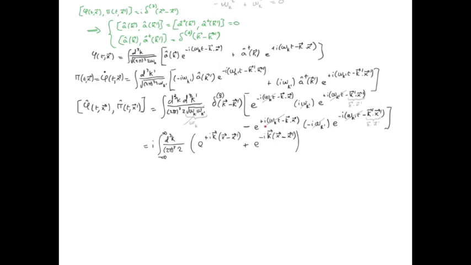So this is just a cosine function, and because the integral runs from minus infinity to plus infinity, we see that this is the same thing if we take a plus in the exponential or a minus. We recognize an expression for the delta function. So we recover the commutation relationship at equal time, meaning that we indeed have these commutation relationships for the A and A dagger operators.